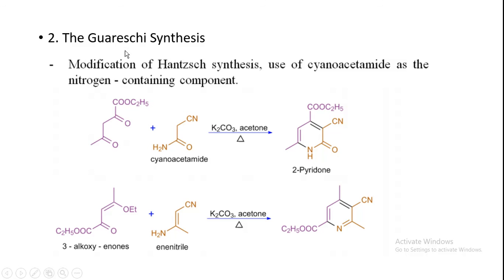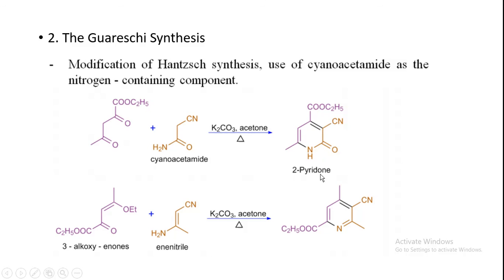Next, the Guareschi-Thorpe synthesis, the next method of preparation of pyridine. So it is a modification of the Hantzsch synthesis, using cyanoacetamide as the nitrogen containing component. So there we got nitrogen from NH3, but here cyanoacetamide is used as the nitrogen containing compound.